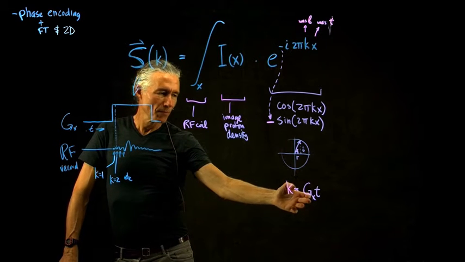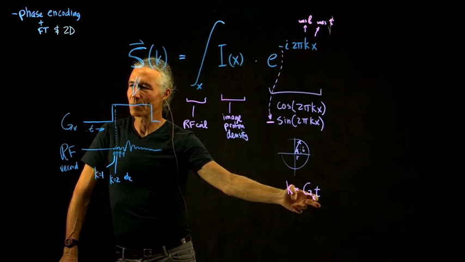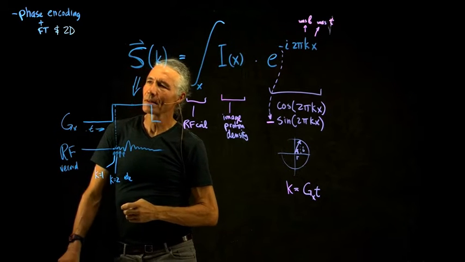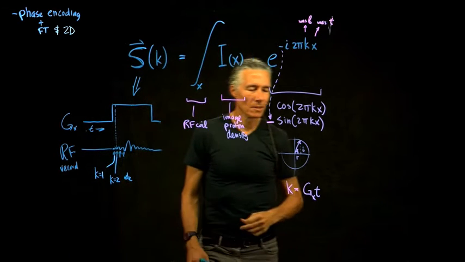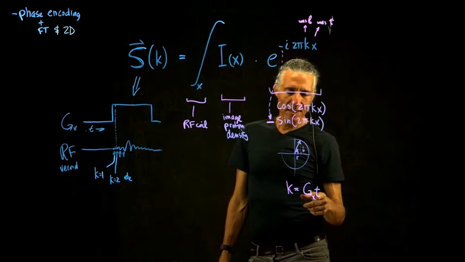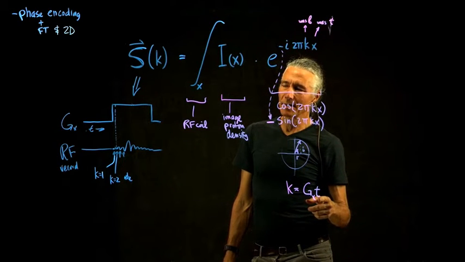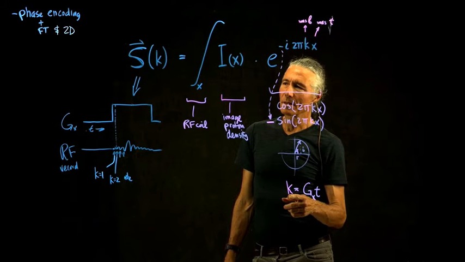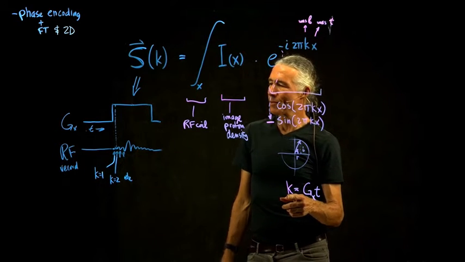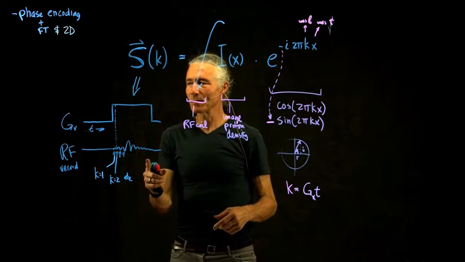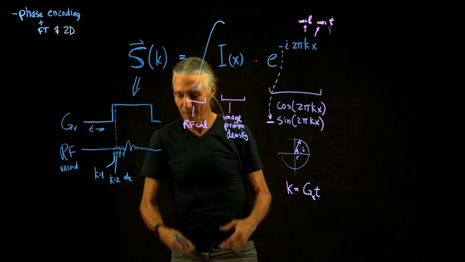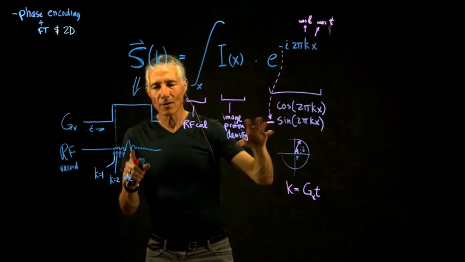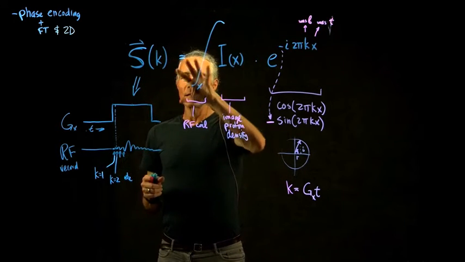If you leave it on for twice as long, you get twice the spatial frequency. So the amount of time that it's on is proportional to the spatial frequency that you get. If you leave it on for 10 units, you get spatial frequency 10. You leave it on for 1 unit, you get spatial frequency 1. So there's a very concrete, specific relationship.